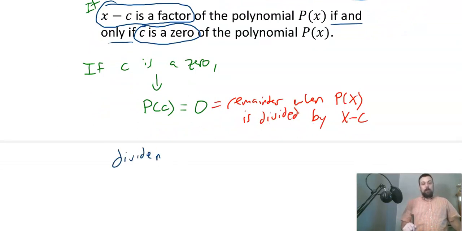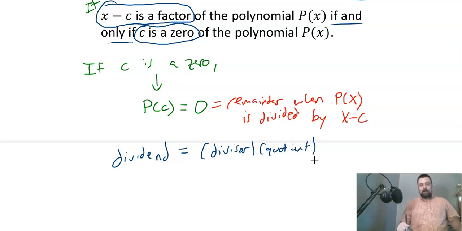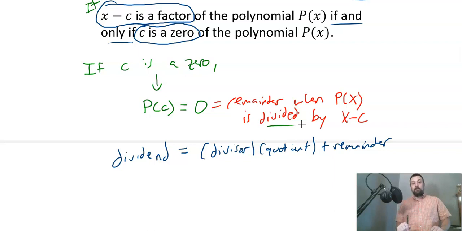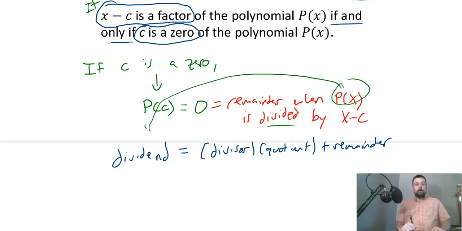And so if I go back to my division formula again, I can prove this statement to be true. The dividend equals the divisor times the quotient, and again, the quotient doesn't matter in this problem, it's not referenced at all, plus the remainder. That's my division formula. That's true for every division, and I'm considering that because we're talking about a division right here. P of x is still the dividend, so I'd have P of x here.